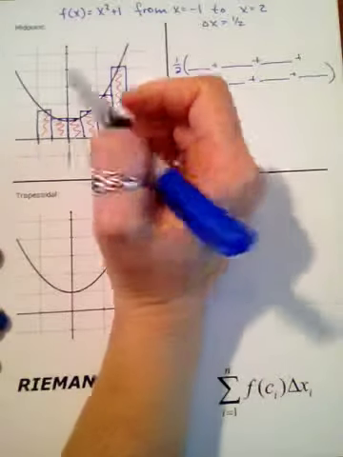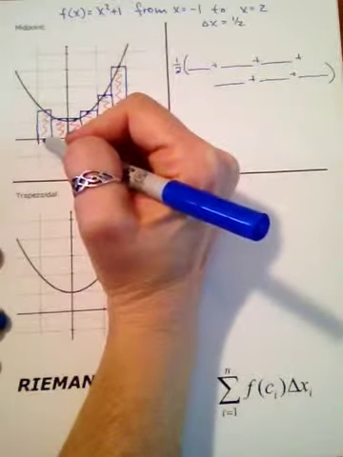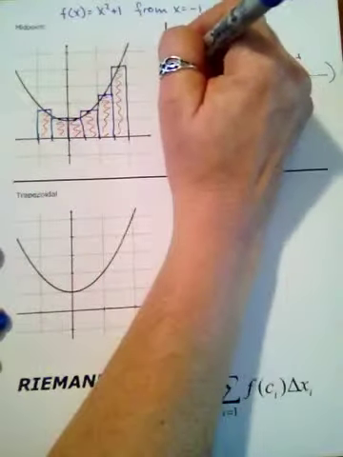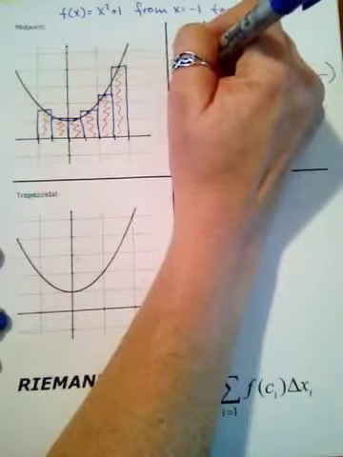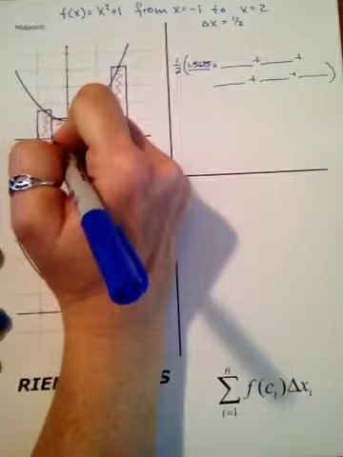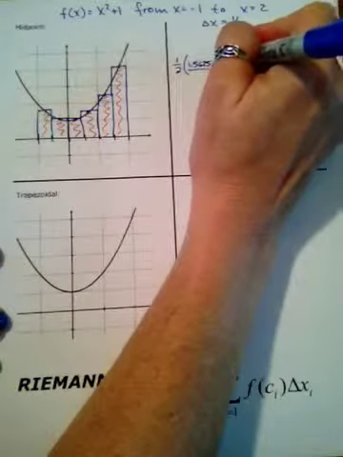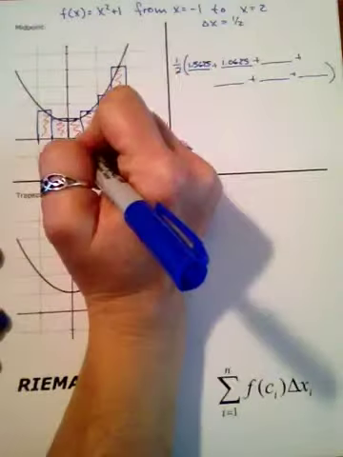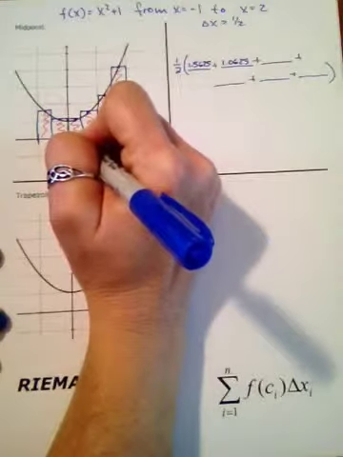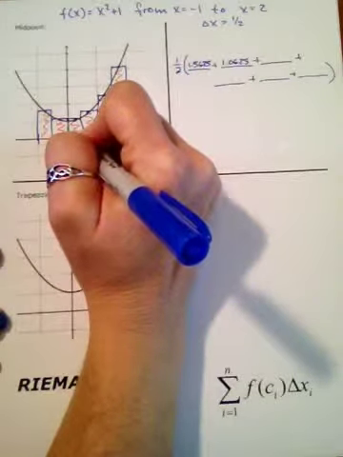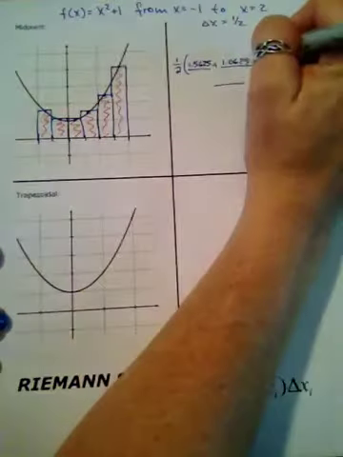So when I evaluate this function at -0.75, I get a height of 1.5625. When I evaluate it at -0.25, I get 1.0625. When I evaluate it at 0.25, I get the same function value.